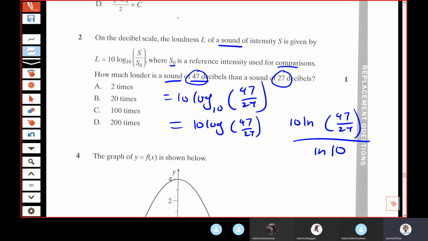So you're saying do 10 log 47 on S naught, and then 10 log 27 on S naught, and then you're subtracting them technically. Is that what you're saying? S naught is 20. It's a reference intensity used for comparisons. Between them is 20.